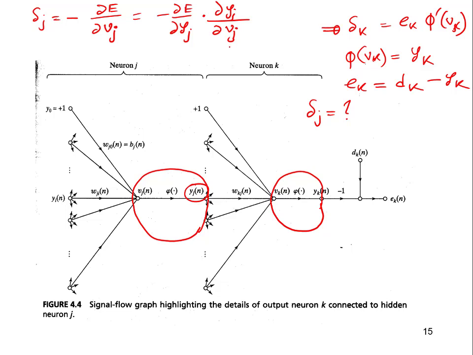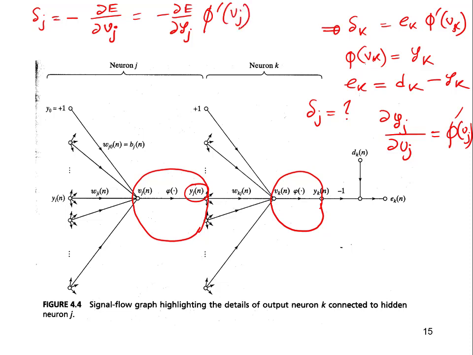The derivative of yj with respect to vj can be rewritten as the derivative of the activation function, phi prime of vj. We can call it the first order derivative with respect to vj, and it can be replaced in this equation and represented as phi prime of vj.